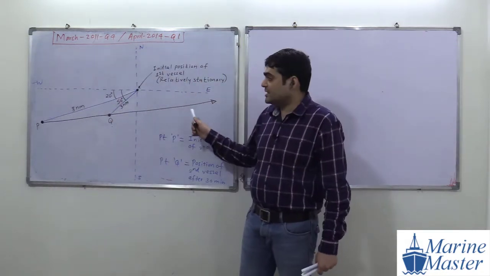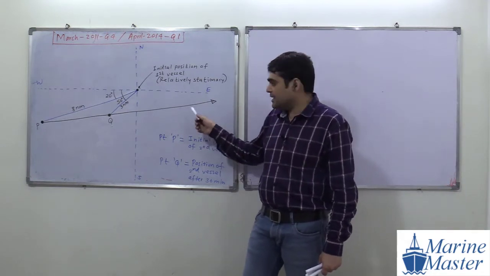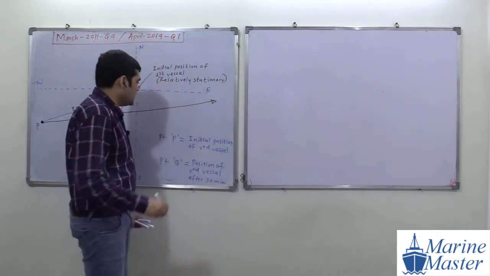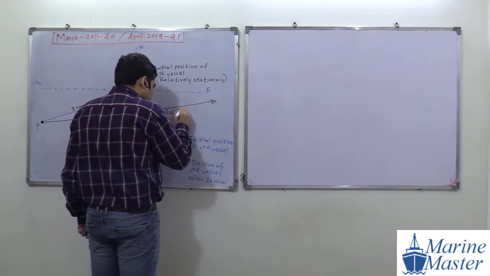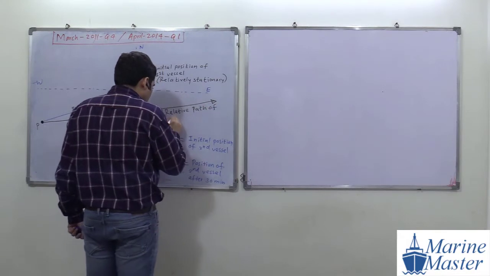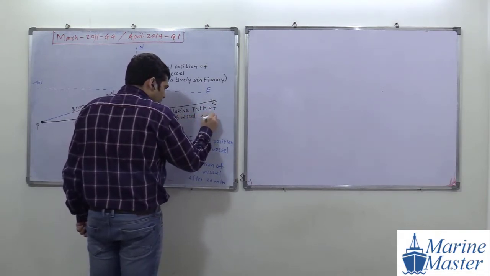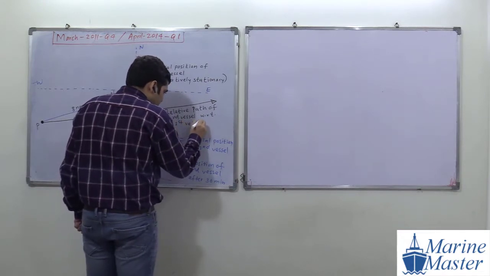Because this is a space diagram, on a space diagram, if we join points P and Q, this will become the relative path of the second vessel with respect to the first vessel.